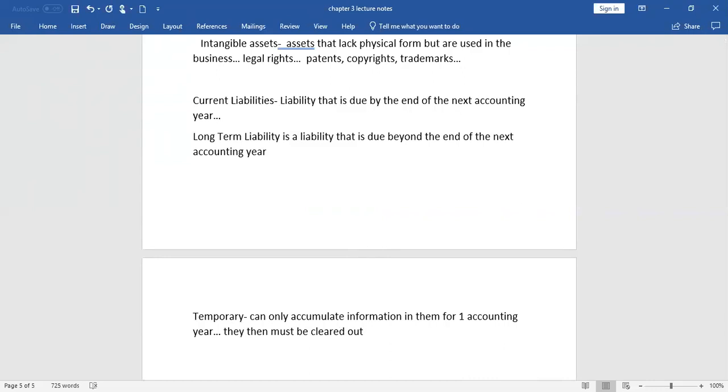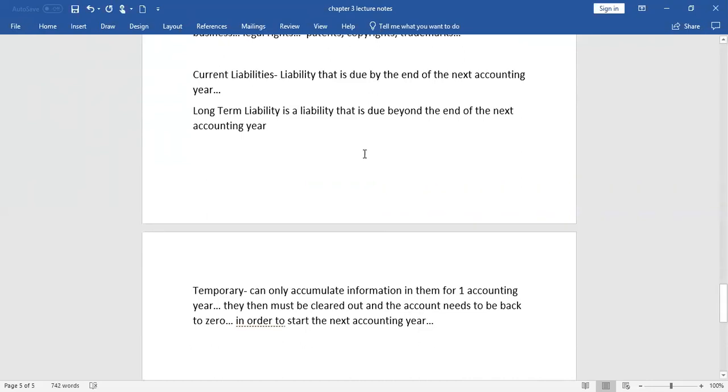So any balance in those accounts must be cleared out, and the account needs to be back to zero in order to start the next accounting year. We have three types of accounts that fall into this category: revenues, expenses, and dividends.